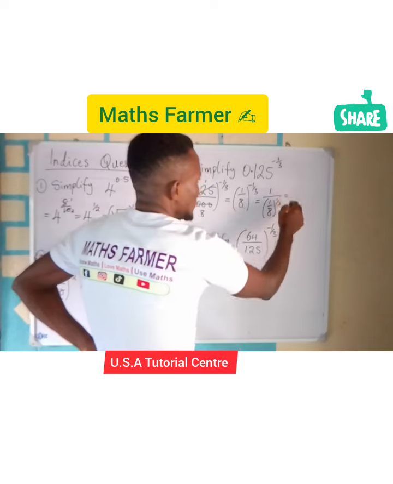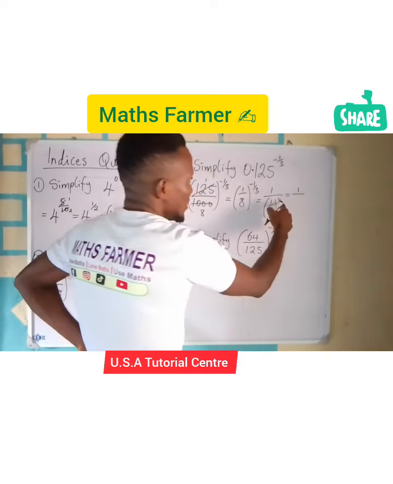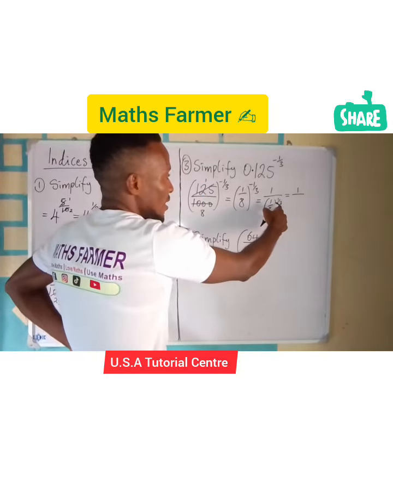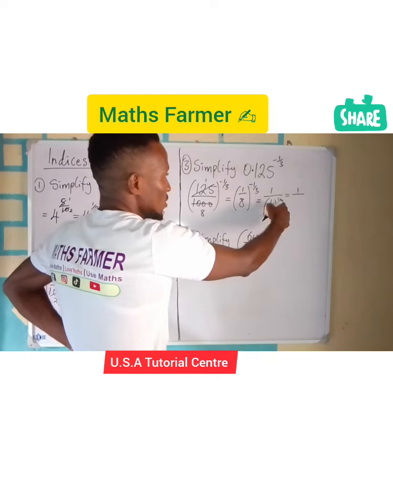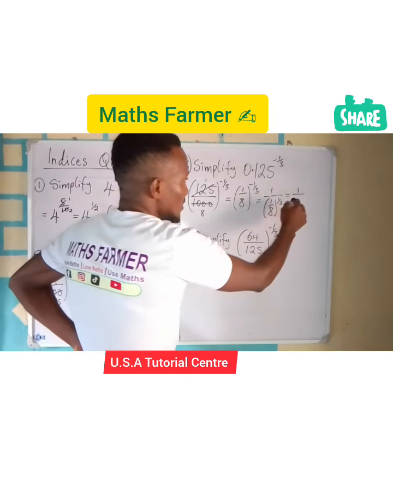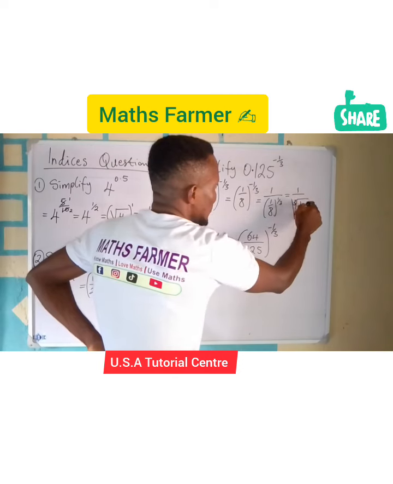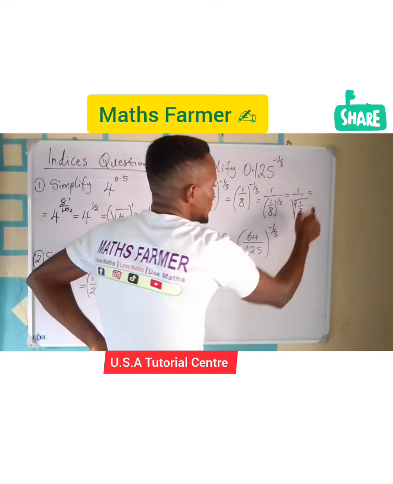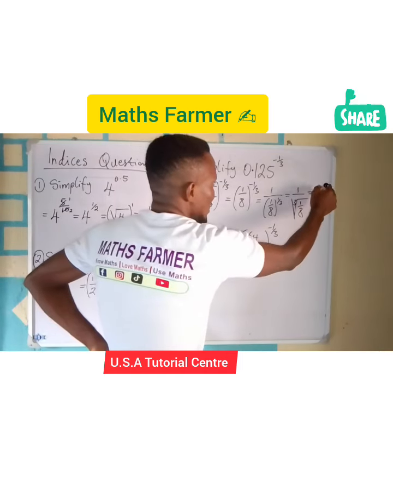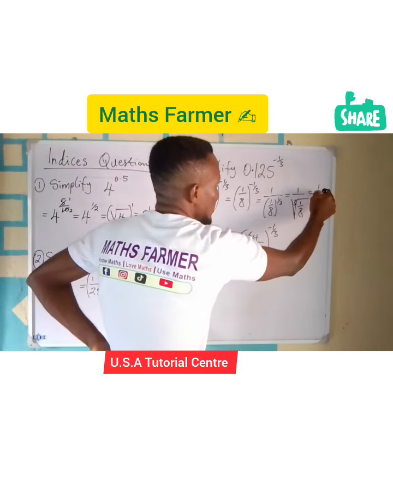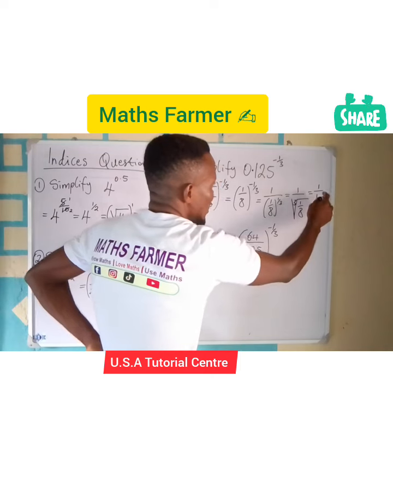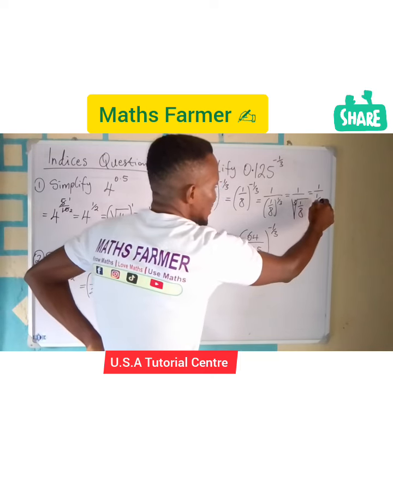The denominator of the power, which is in fractional form, becomes the root, and what we are going to have here is a cube root. The cube root of 1 over 8 gives us the cube root of 1, which is 1, and the cube root of 8, which is 2.